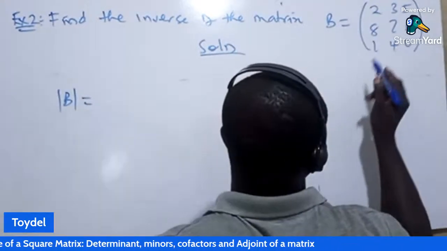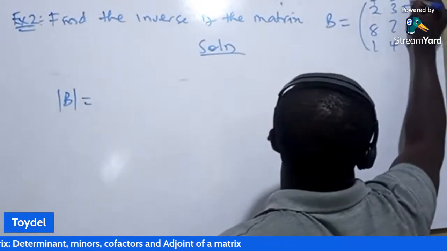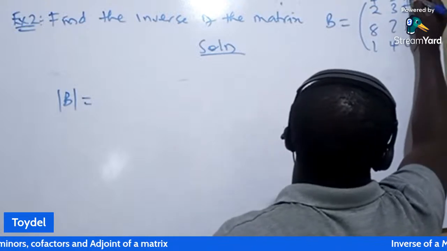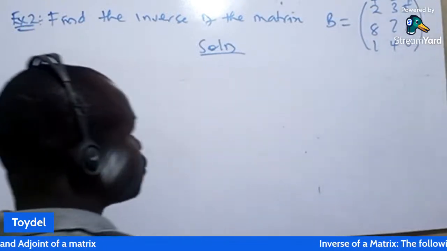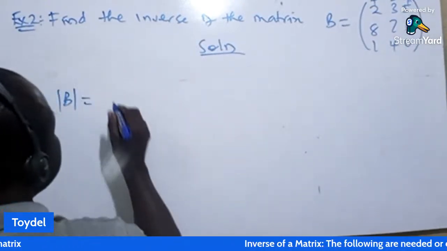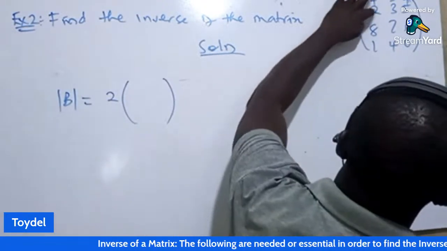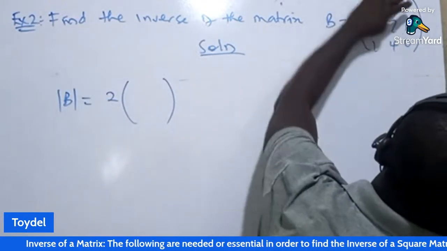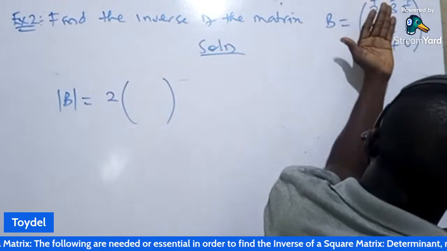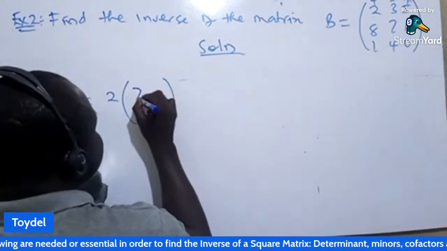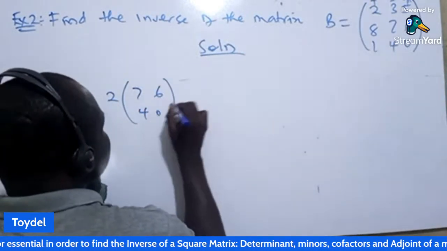If you want to find the determinant, we have done that before. That will be plus, minus, plus. And if you don't want to use this normal approach, you can use the Sarrus rule. So the first element there is 2, along the first row and first column. What if we pretend to cover this and this? What we have left is 7, 6, 4, 0.